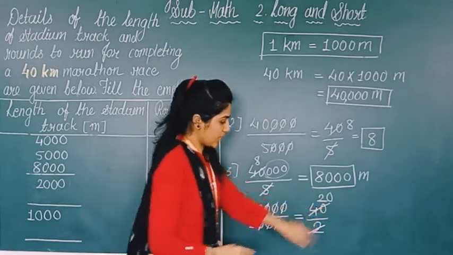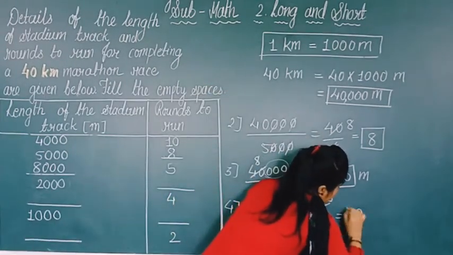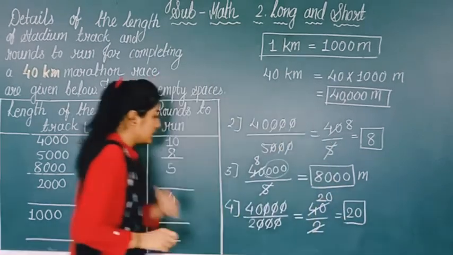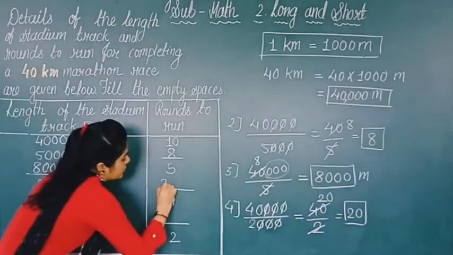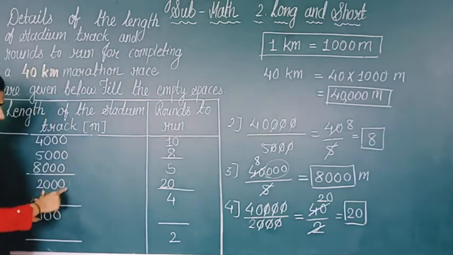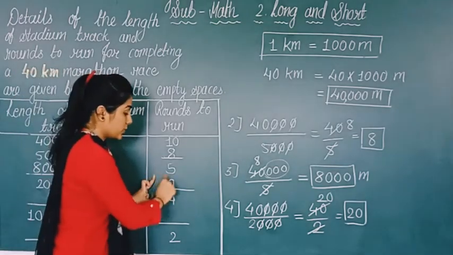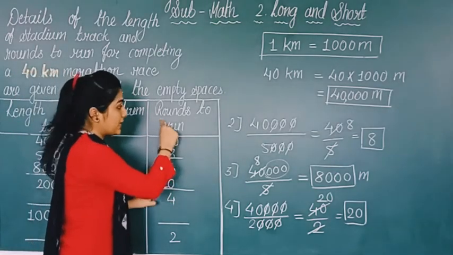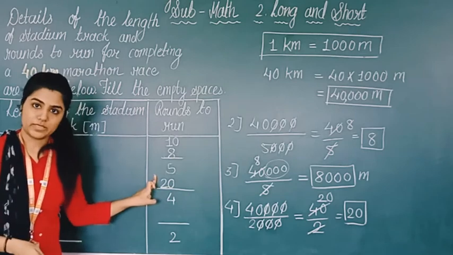We can write this 20 here. That means what is our answer? 20. तो हम ऐसा बोल सकते हैं कि 2000 मीटर के ट्रैक पे 20 जितने रन, मतलब 20 जितने राउंड आपको करने पड़ेंगे.